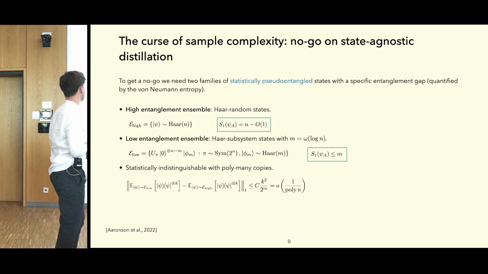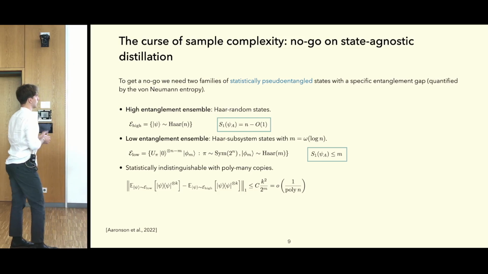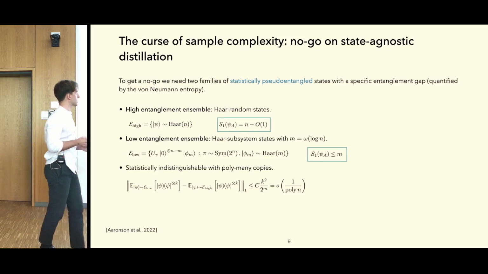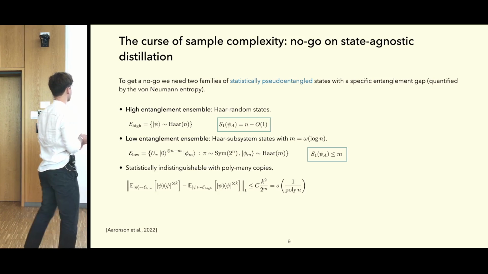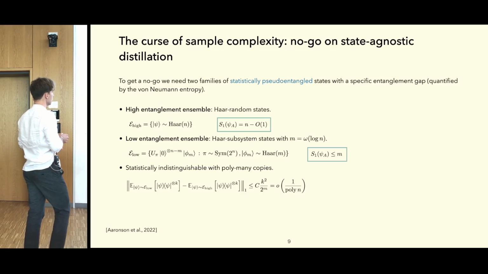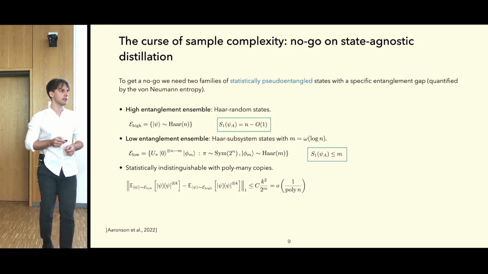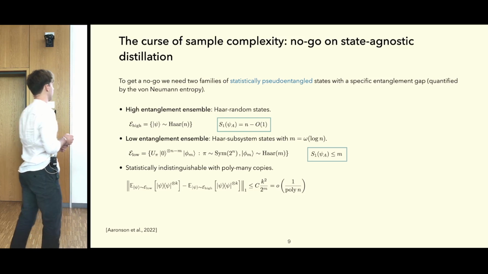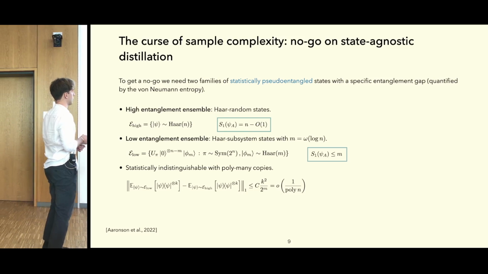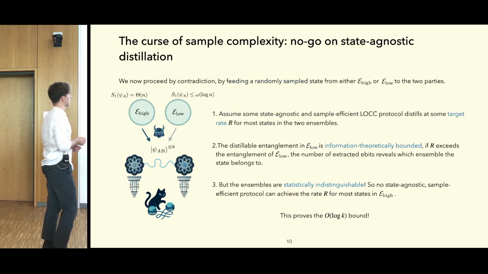While for the second we pick this ensemble that we name R-subsystem states, which are essentially formed by a small R subsystem on superlog qubits, followed by some classical permutation U_pi. And we can prove that these two ensembles are statistically indistinguishable, in the sense that any agnostic distinguisher having access to many copies of the states cannot distinguish between the two families.